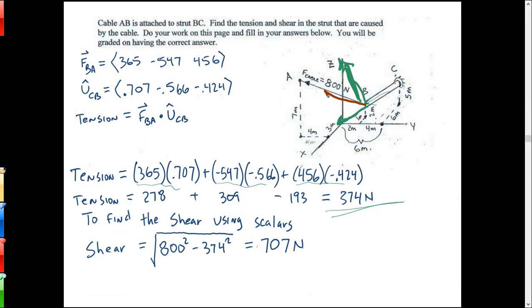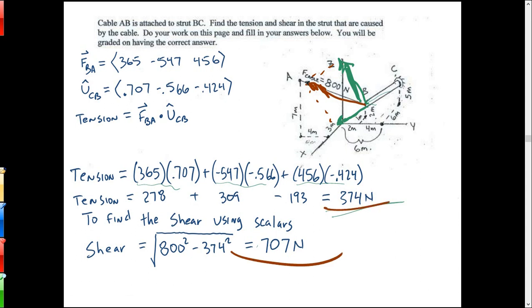And I've got a component relationship going on there. So I can use the theorem of Pythagoras and back into what the shear would be. It would be the total squared minus the tension squared, and then take a square root. I'm working back through the theorem of Pythagoras to get that, and that's 707.